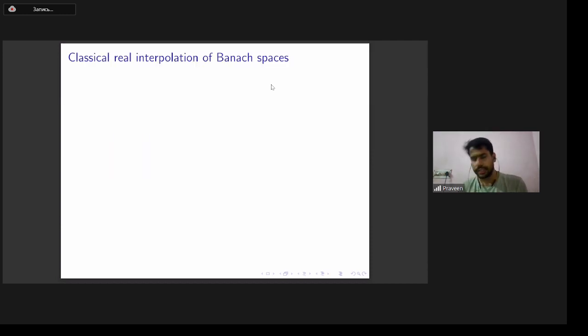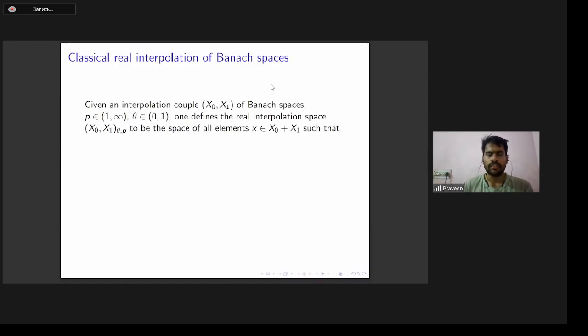Before going ahead, I just want to brush up the classical real interpolation of Banach spaces. If we take an interpolation couple of Banach spaces, say X0 and X1, then in the classical real interpolation theory there are various methods of characterizing the interpolation space, and one of the most prominent is the K method. So here I'm defining the real interpolation space using the K method.